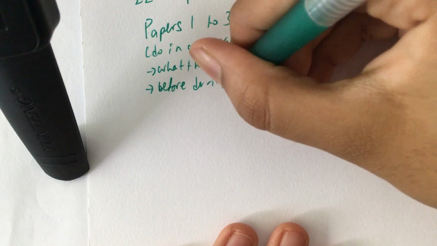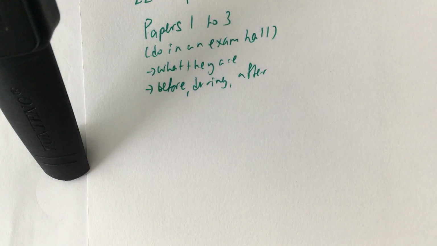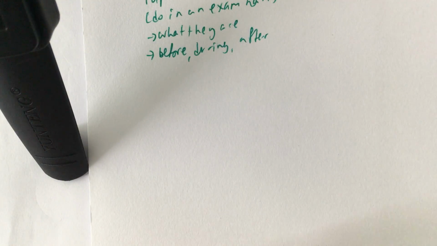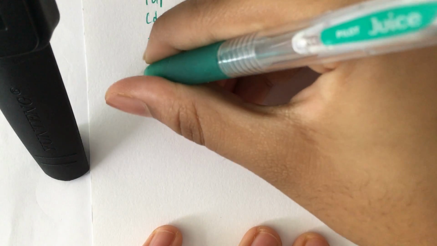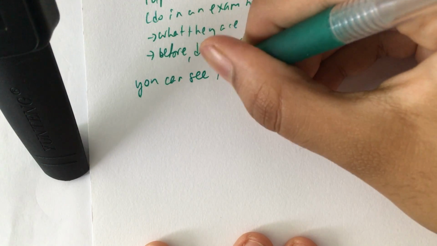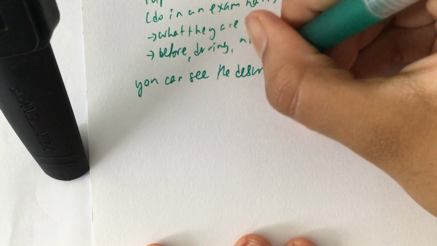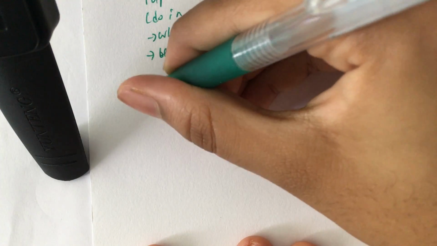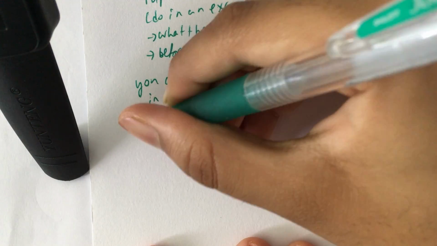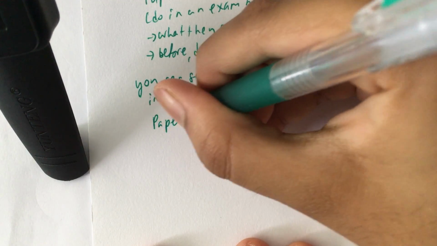Okay, so let's start. So first I'll start with looking through the descriptions of paper 1 to 3 as shown in your syllabus. I don't think there's any clarification needed, it's pretty clear on its own. So paper 1 is a MCQ paper with 30 compulsory multiple choice questions.